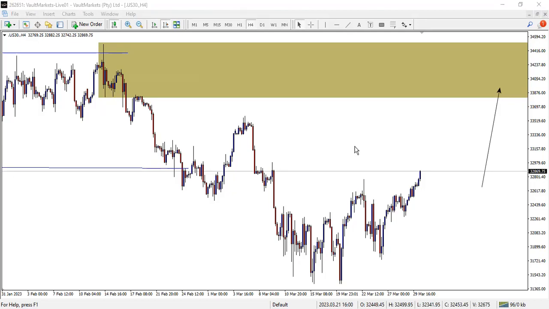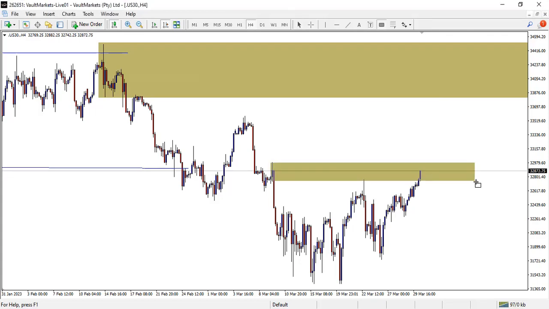Then we want to understand where US30 will gain the momentum to be bullish, and then when it's bullish, where exactly is the target? Now let's check the current price action. In current price action, this is what we find.